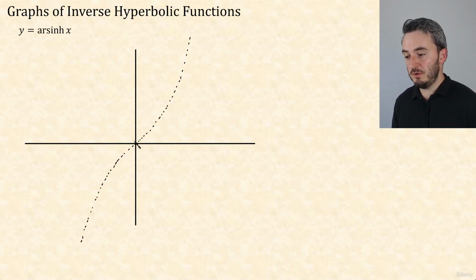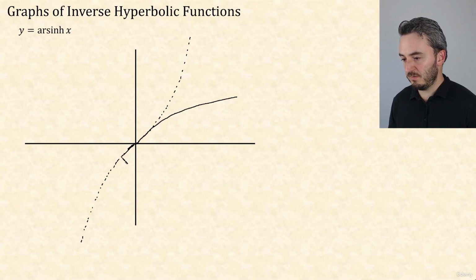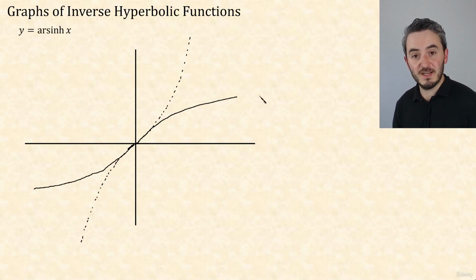So we want to reflect this, and this one we can. This is already a one-to-one function, so we can fully reflect this in the line y equals x. And that's going to give us a function like this, which looks a little bit like tanh x, except it's not tanh x, because tanh x has a horizontal asymptote over here, and this one doesn't.